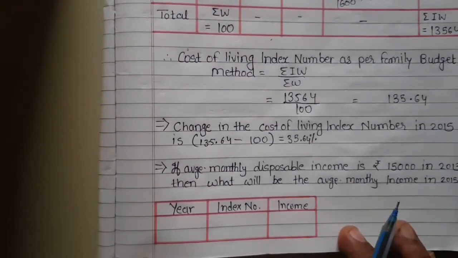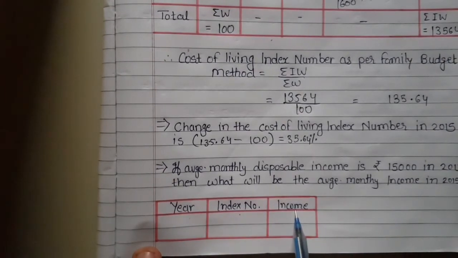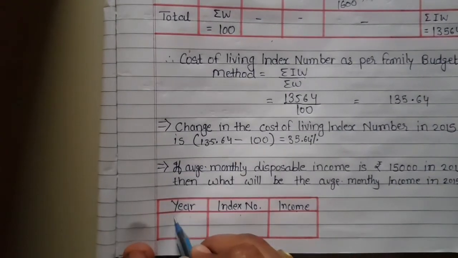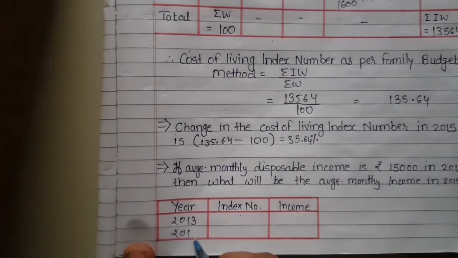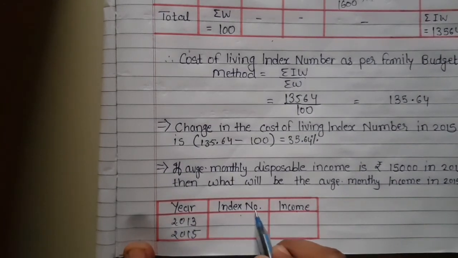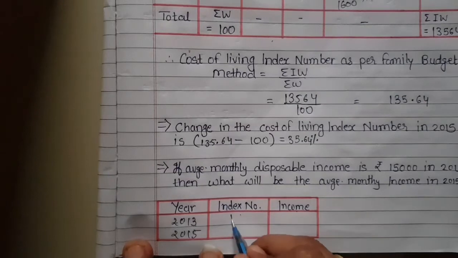In that you need 3 columns: year, index number and income. So we know that in this sum we have 2 years. One is 2013 and the other is 2015. In 2013 index number is not given, and as I have already told you, if index number of base year is not given, then take 100.